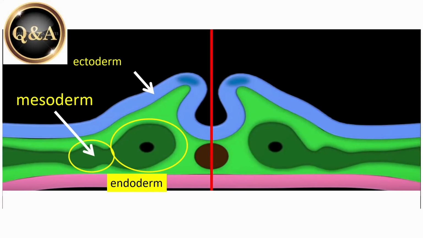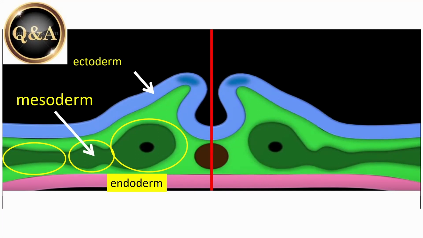Then we have this segment between the three segments, and this is called the intermediate mesoderm, and the one to your left is the lateral segment of the mesoderm.